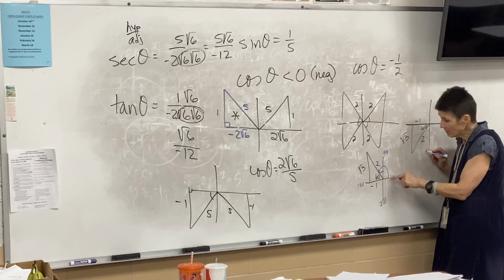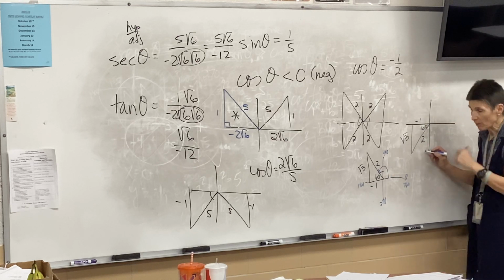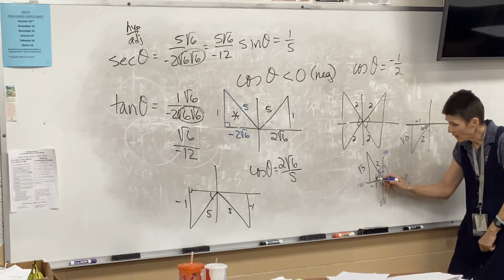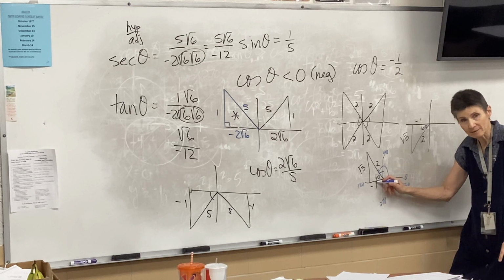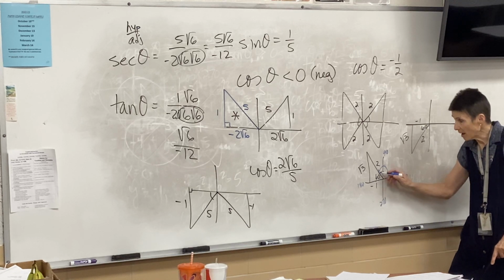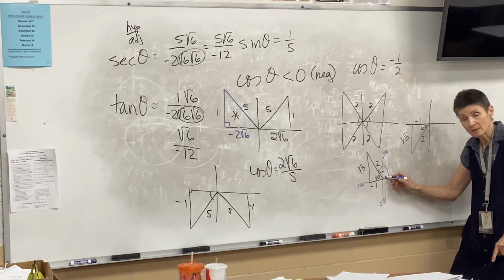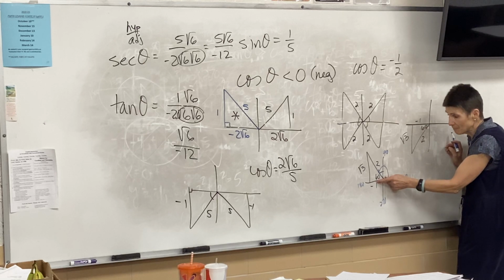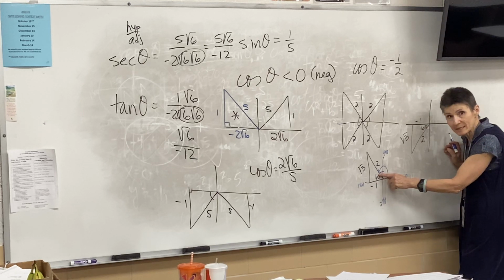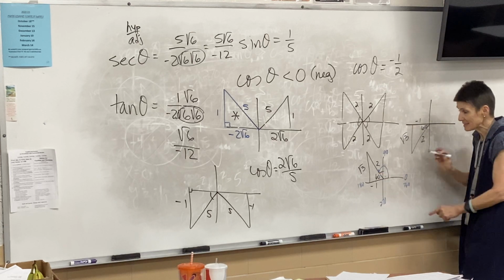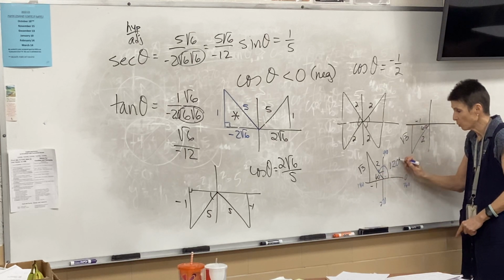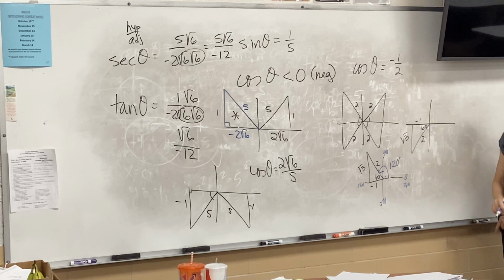How big is that blue angle? Now remember, if you went all the way to here, it would be 180. But I didn't go that far. I stopped here. So if I stopped 60 degrees before I got to 180, then isn't this angle 120 degrees? Yeah, it is. It's 120 degrees.